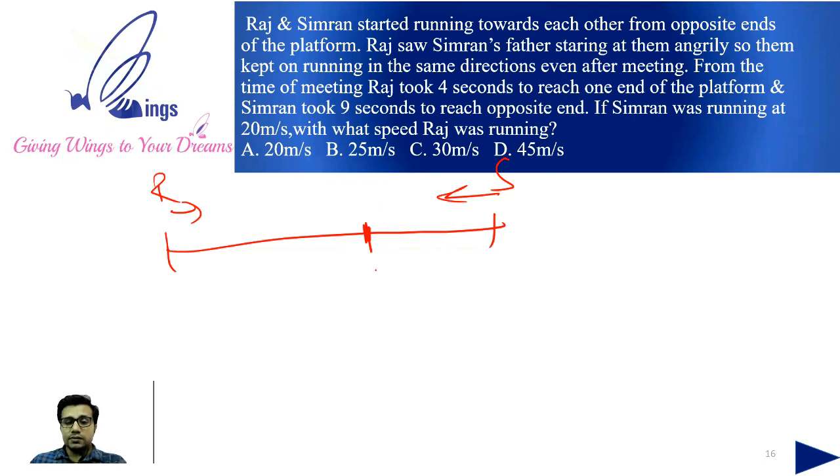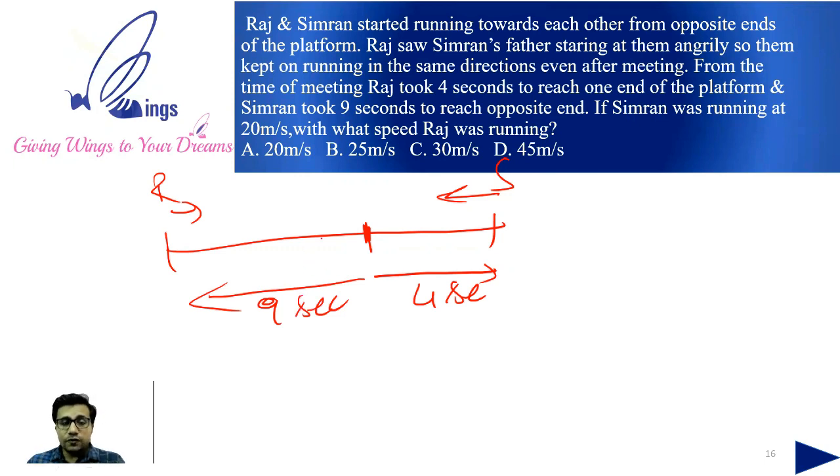After meeting, Raj is taking 4 seconds and Simran is taking 9 seconds. So only the further journey time is given, not the initial journey time. Initially, how much time they are taking is not at all given. After meeting, the time taken by them is 4 seconds and 9 seconds.